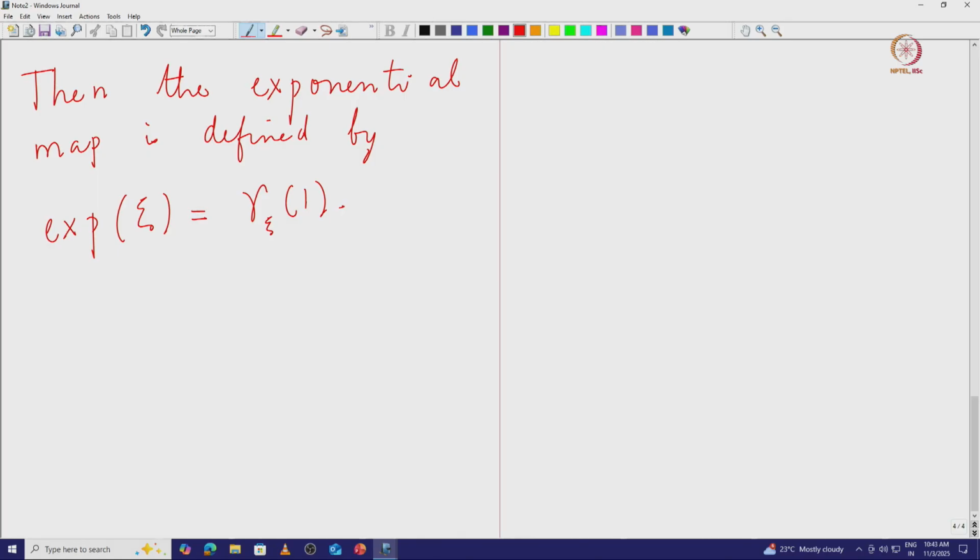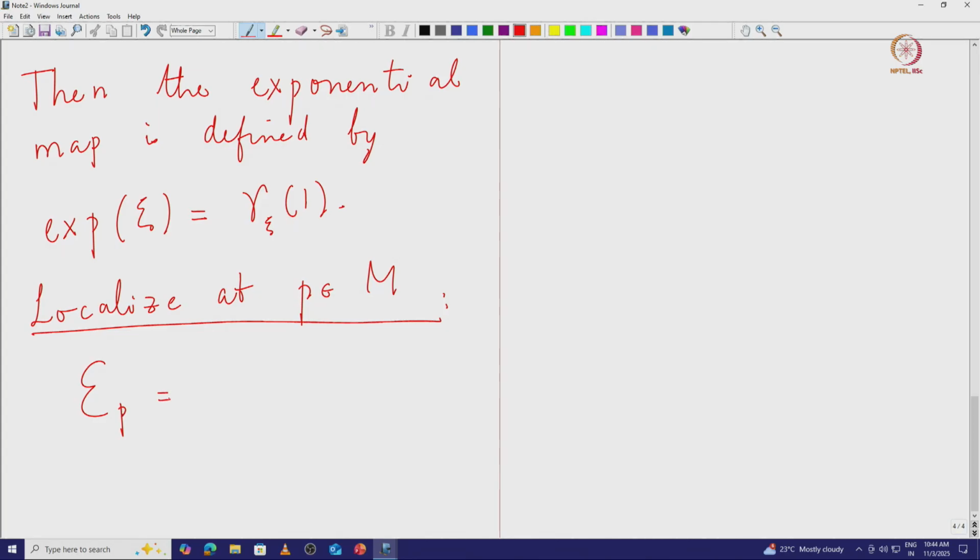Then sometimes it is also useful to localize this. So we localize this at a point. We do this by denoting epsilon p to be the intersection of the domain of the exponential map with the slice on the tangent space to M at P, and the exponential map at P is defined to be the exponential map on this slice EP.